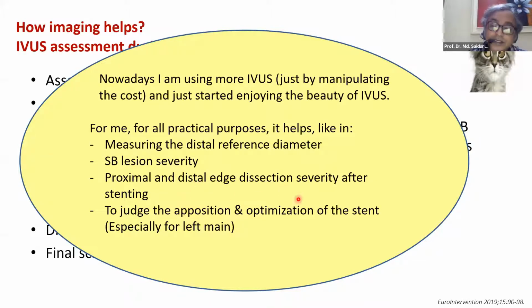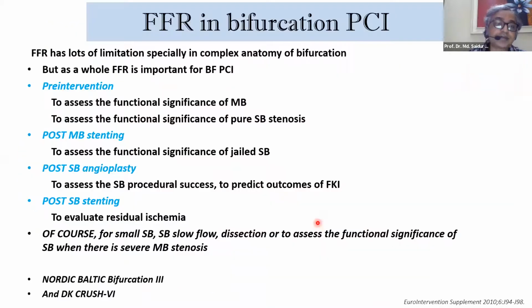Proximal and distal edge dissection is also sometimes very burdensome, because sometimes we have to put another stent there, so IVUS can tell you what actually you need to do, and judge the position and optimization of the MB stent spatially, especially in the left main subset. And FFR only for the side branches, you can go for this one.